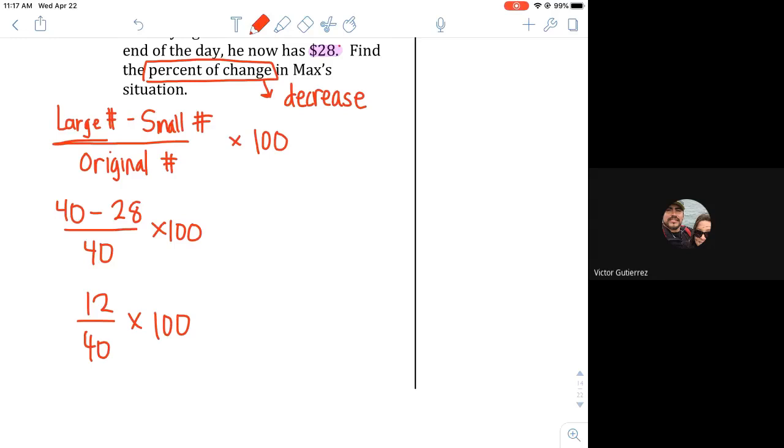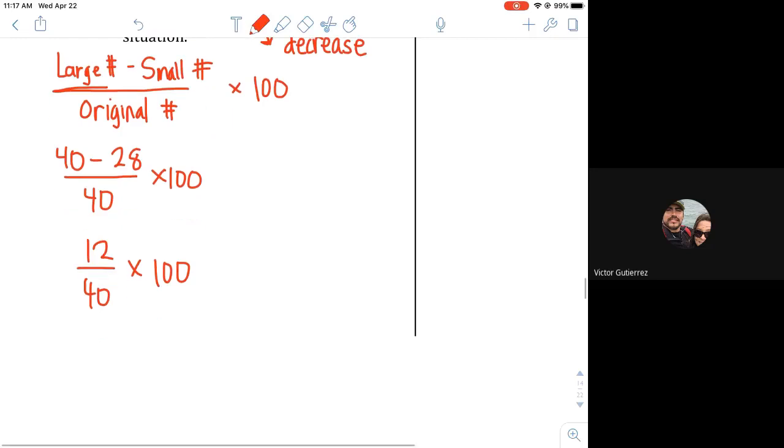All right, 0.3. And then we're going to multiply that by 100 to get a percent, because right now we have it as a decimal here.